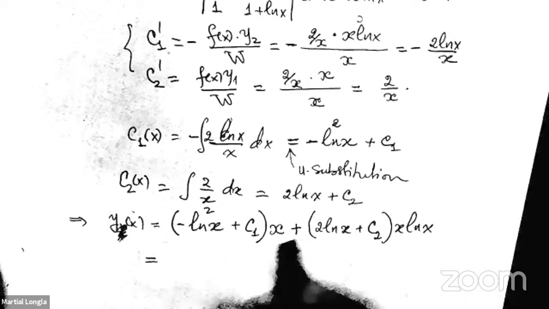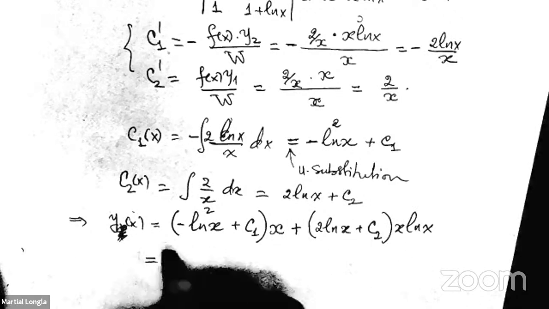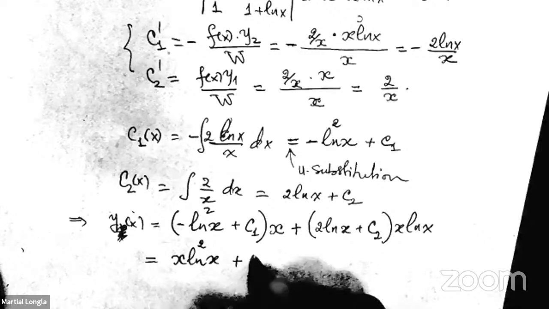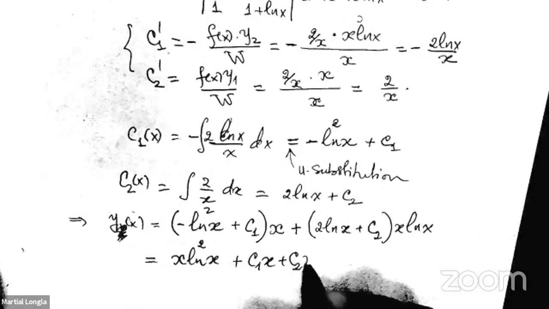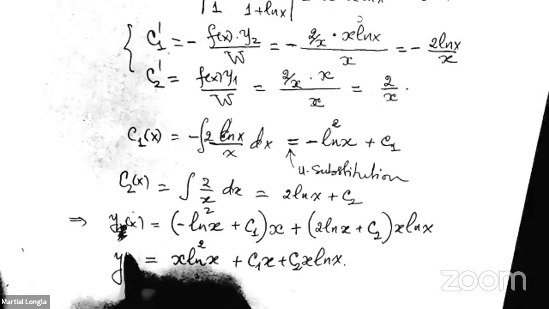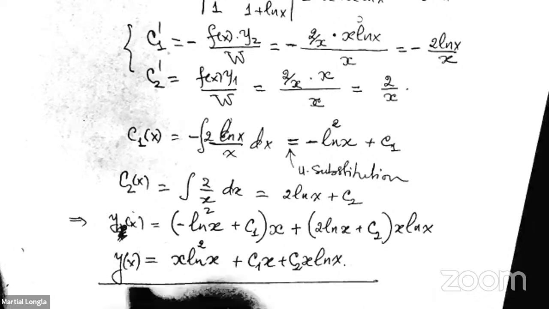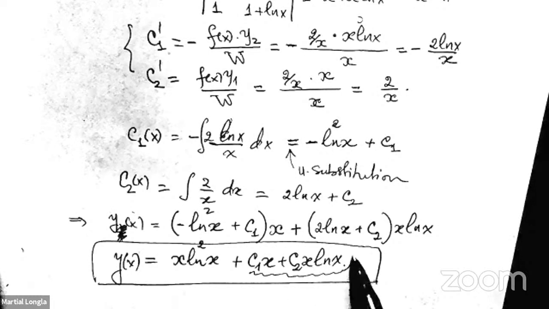And if you multiply this, you're going to have 2x natural log squared minus x natural log squared of x plus C1 x plus C2 x natural log of x. So that's the solution. And you can see that it includes the solution of the homogeneous problem. That's it right there.